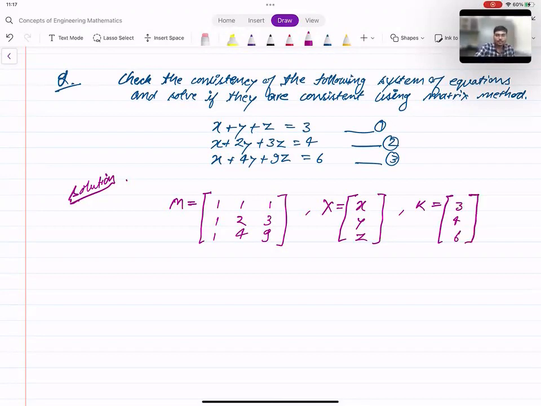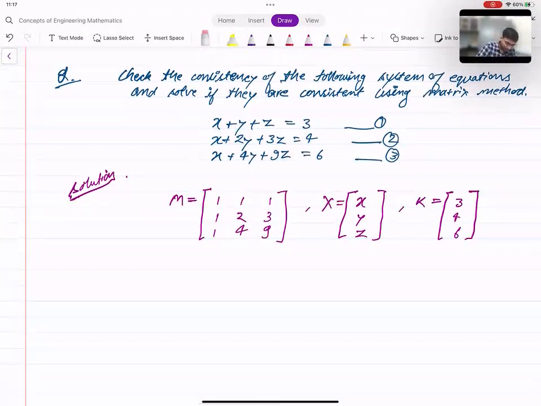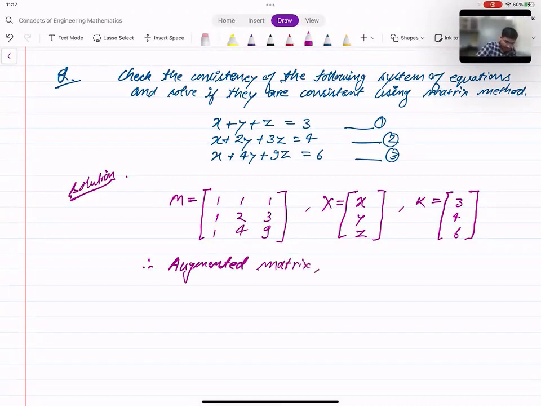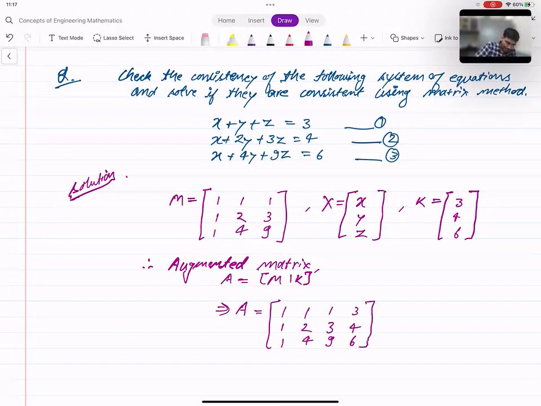From these matrices, we can write the augmented matrix A, which is the augmentation of M and K: 1 1 1, 1 2 4, 1 3 9, and the new column 3 4 6.